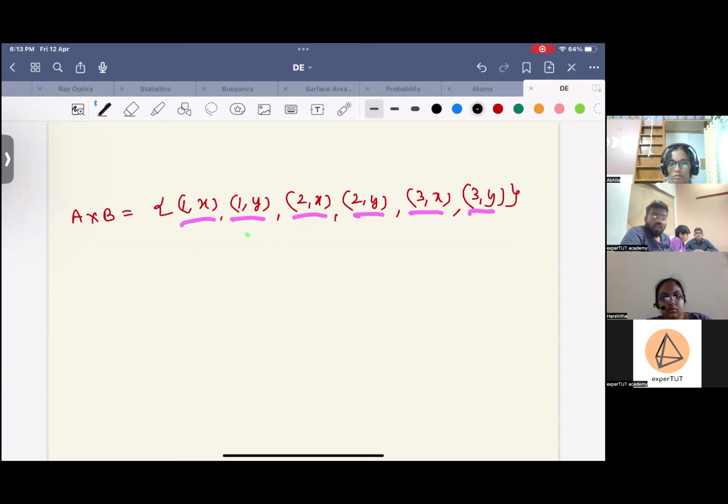Now see, any subset means, let's say I choose to pick any number of elements.